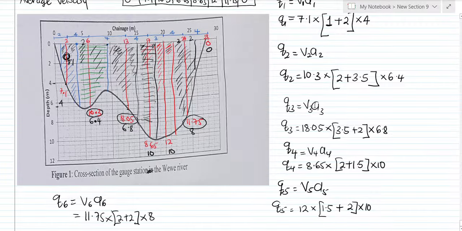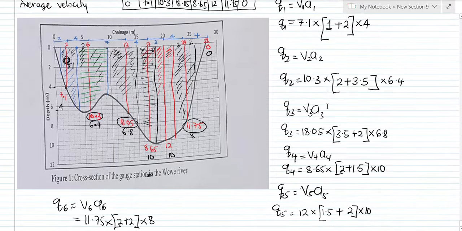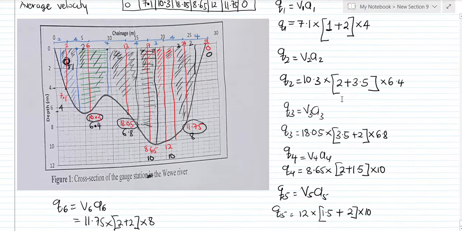So then I evaluate each, then I find the sum. So let's evaluate and find the sum for each. So this is going to give us 85.2 meter cube per second.